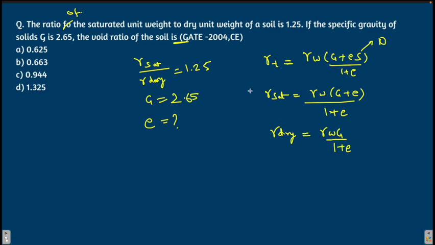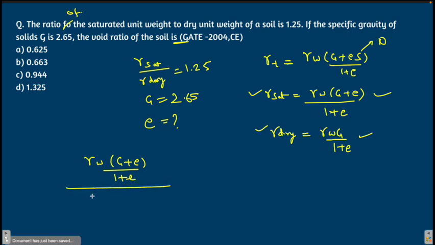Now the ratio of these two is given to you. So let's put these in the equation. That means gamma w into G plus e by 1 plus e, whole divided by gamma w G by 1 plus e, is given as 1.25. Now the denominators are the same, so they will be gone.